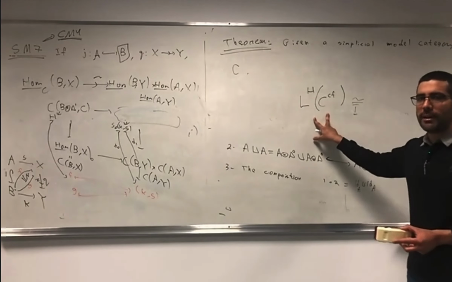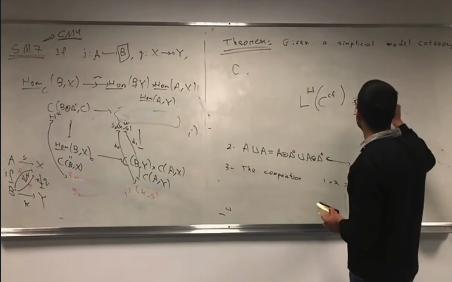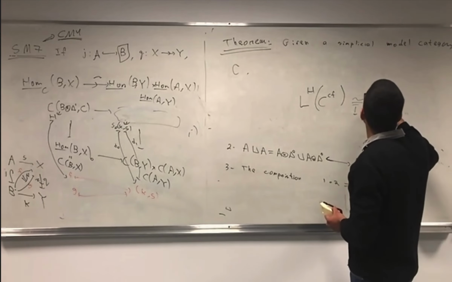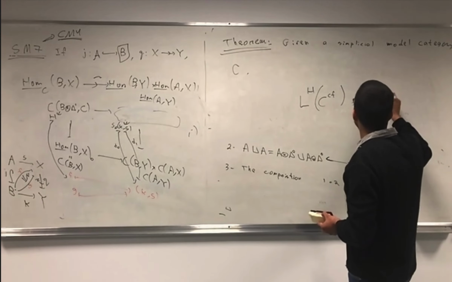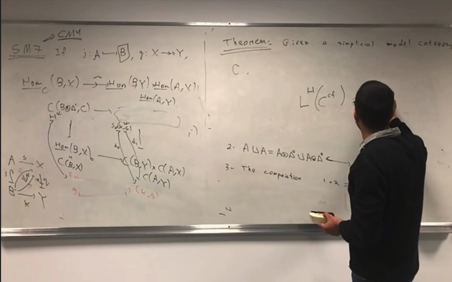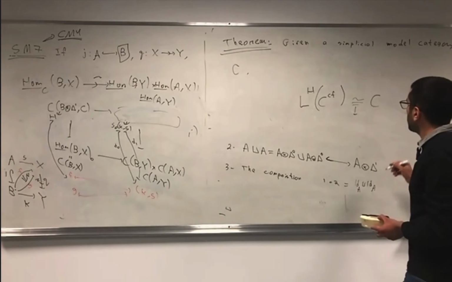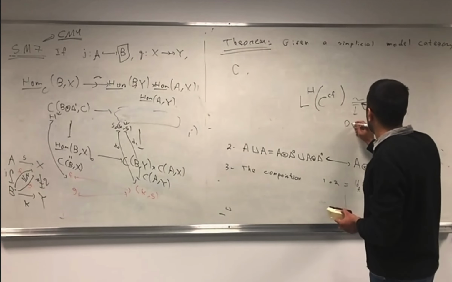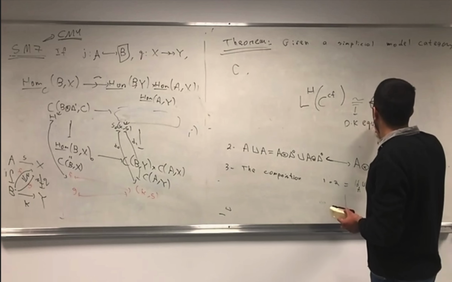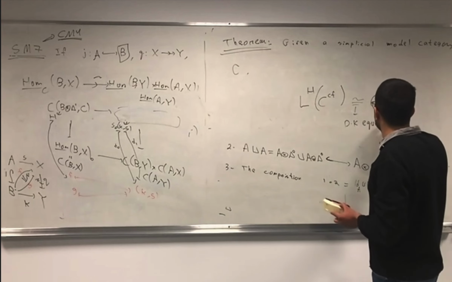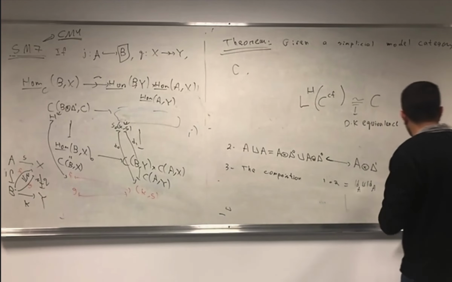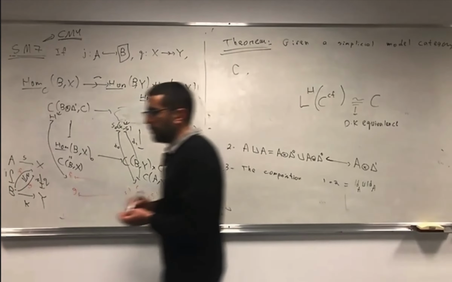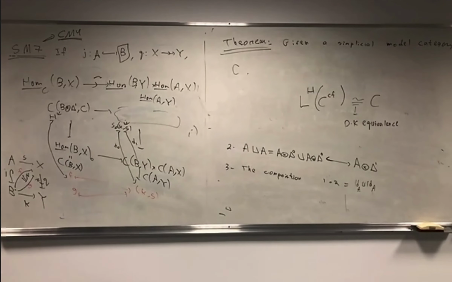As a simplicial category, this will be equivalent to C, okay? The C as a simplicial category, okay? As a Dwyer-Kan equivalence. I want to be sure of something in the theorems that I maybe forgot, so just a minute.